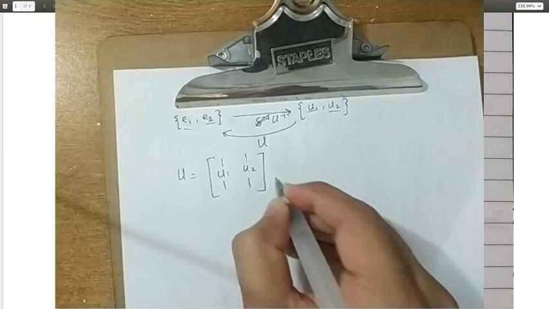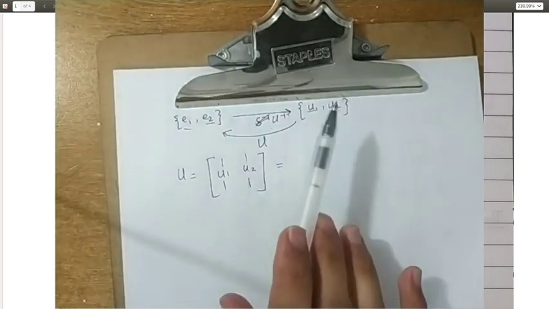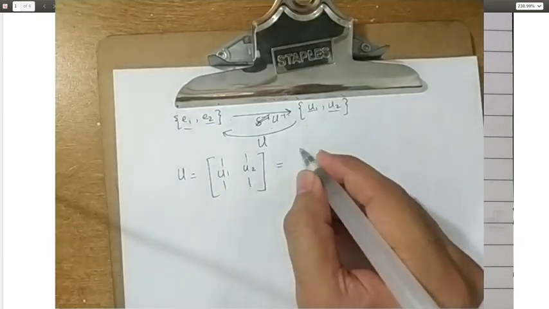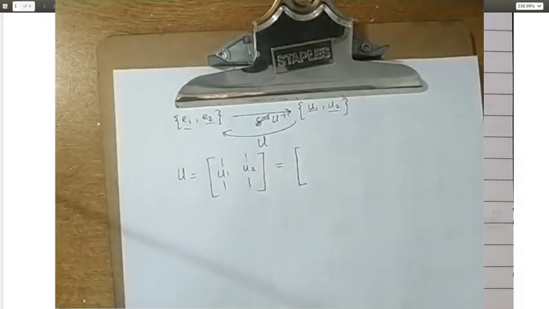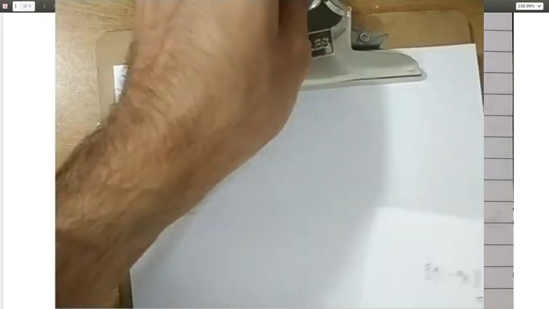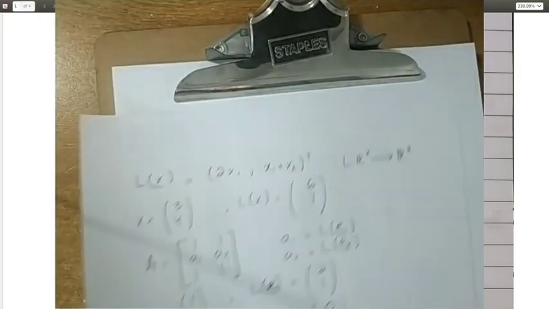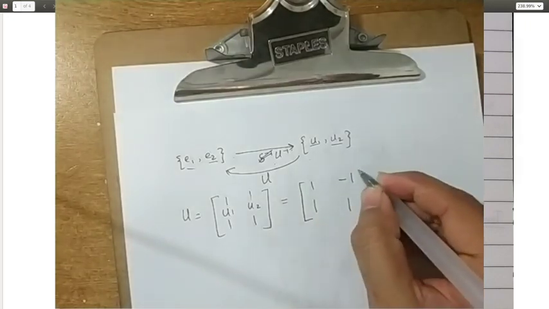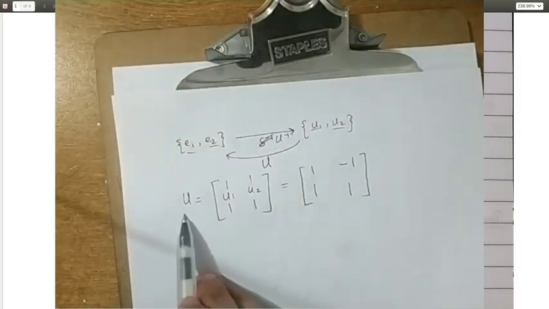This is how you construct the transition matrix from a non-standard basis to a standard basis. The columns U1 and U2 were (1, 1) and (-1, 1). This is the transition matrix U.